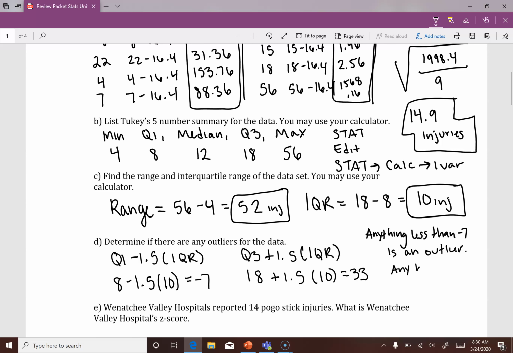Anything greater than 33 is an outlier as well. Do we have any outliers in the data? Yes, we do. We have 56. So 56 is bigger than that 33, so 56 is an outlier.